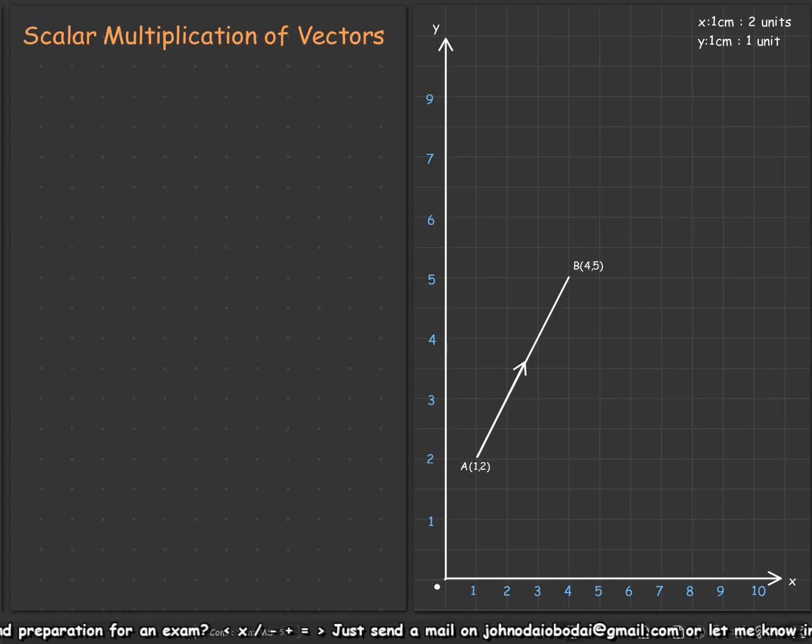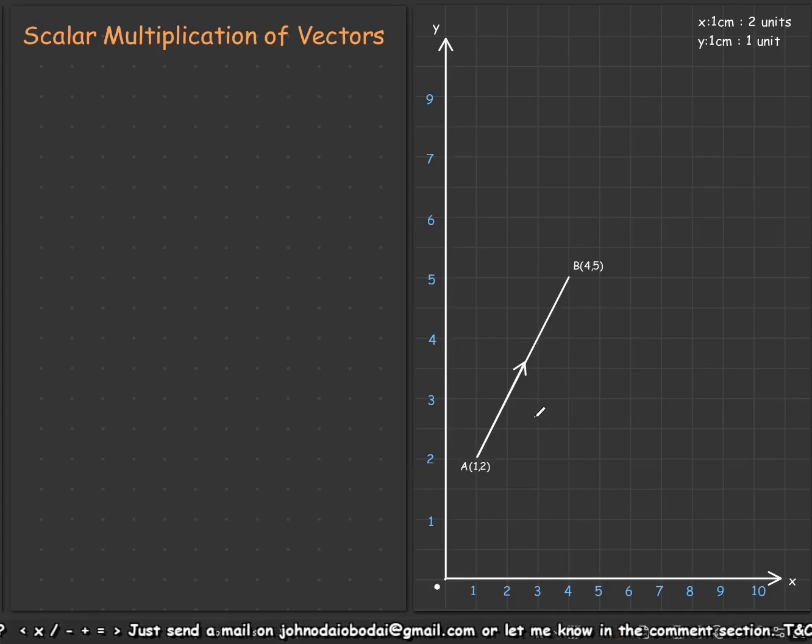So when we talk of scalar multiplication of vectors, let's take this example we have over here. With this vector, which is a movement from A to B, you are doing this a particular number of times.